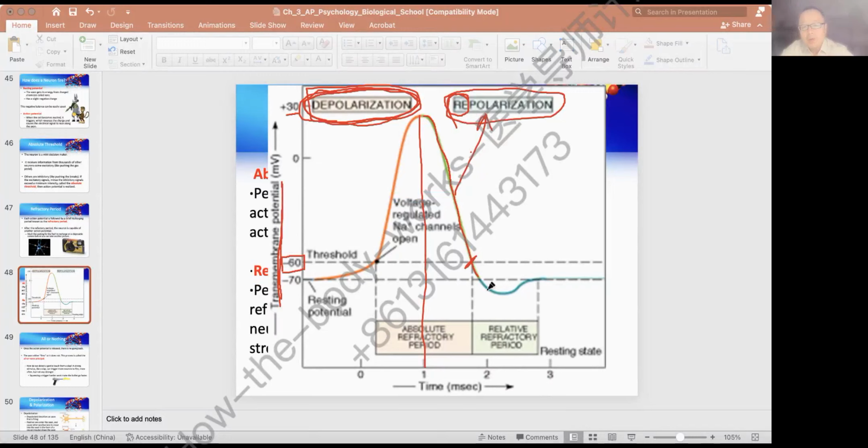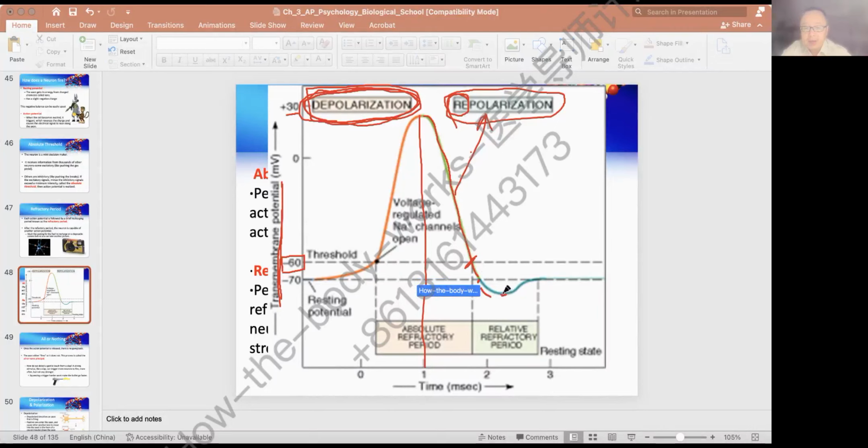You can see from this picture, the transmembrane potential did not just stop at minus 60. It goes on to minus 70, and then further, maybe minus 80 or minus 90 or so.